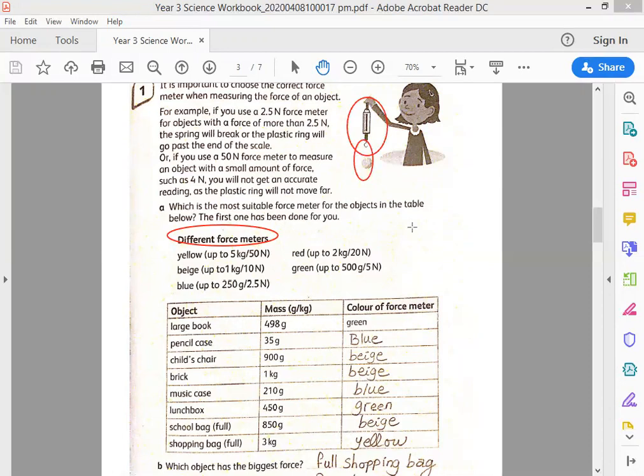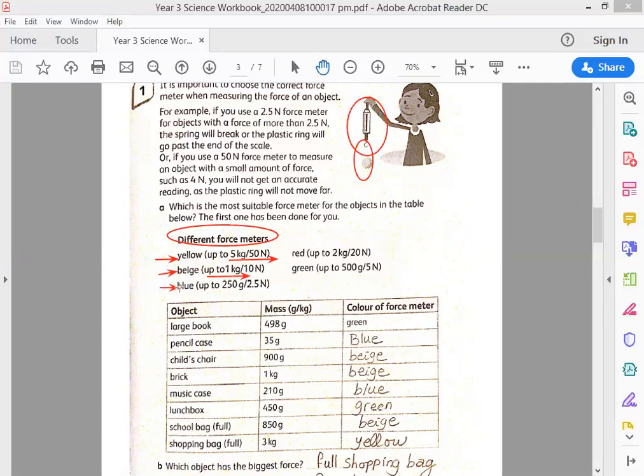for the following masses. For example, the first force meter is the yellow one, which can hold an object up to 5 kilograms or 50 newtons. So the yellow force meter can hold up an object up to 5 kilograms, while the beige one can hold an object up to 1 kilogram.